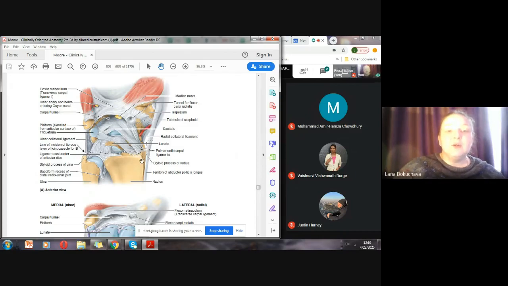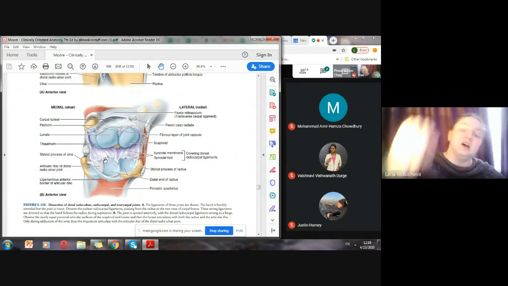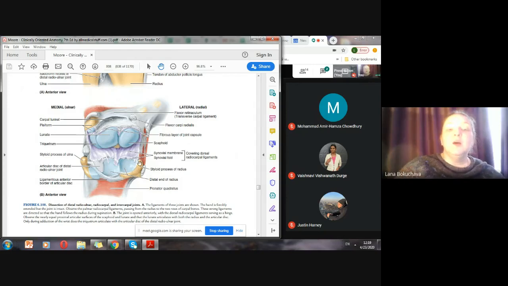Now let's see how the different ligaments look. So here, as well as internally, what do we have? Do you remember, the scaphoid and the lunate attached to the region of the radius. Here you can see the articular disc, which is protruding towards the radius, and interiorly we have the synovial membrane.